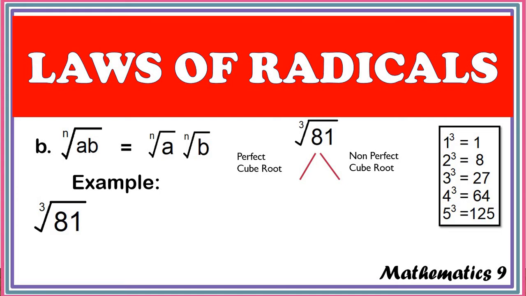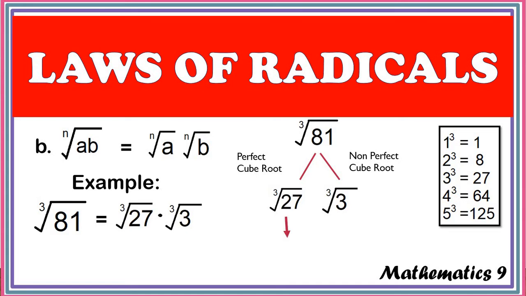So, alin dyan yung posibleng may factor ng 81? So, ang posible ay 27 at saka 3. Kasi 27 times 3 is 81. So, meaning to say, cube root of 27 times cube root of 3 is also equal to cube root of 81. So, since perfect yung cube root ng 27, ang cube root ng 27 is 3. So, our final answer will become 3 cube root of 3.